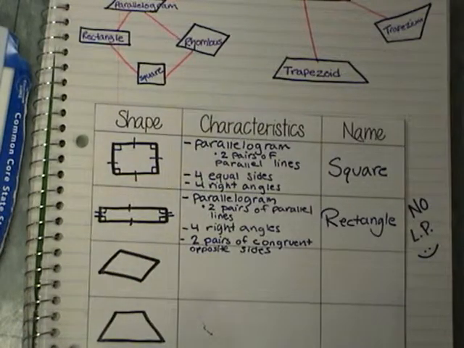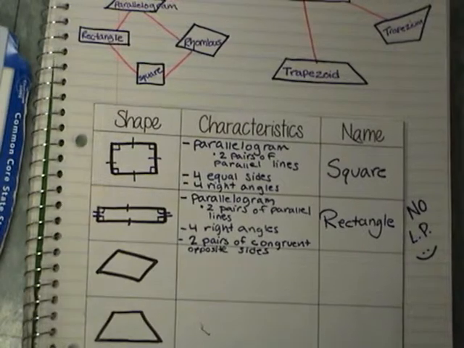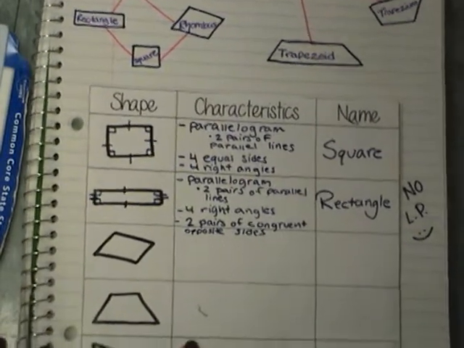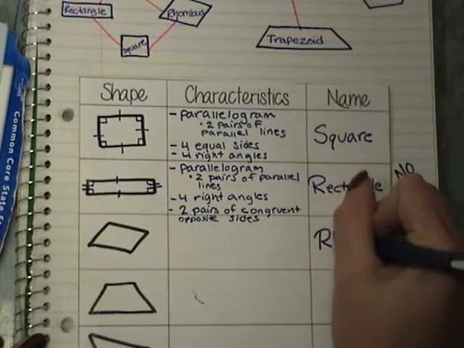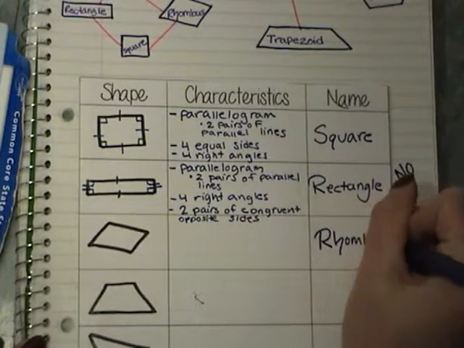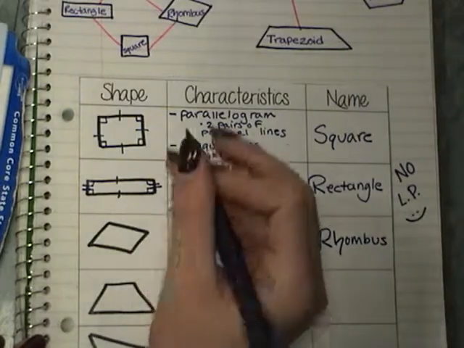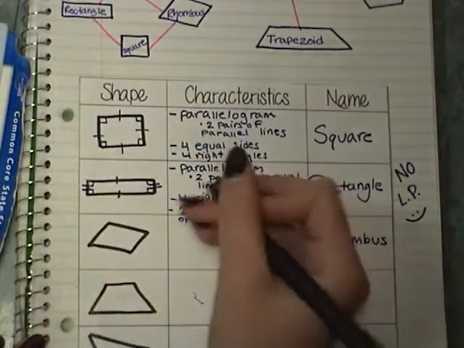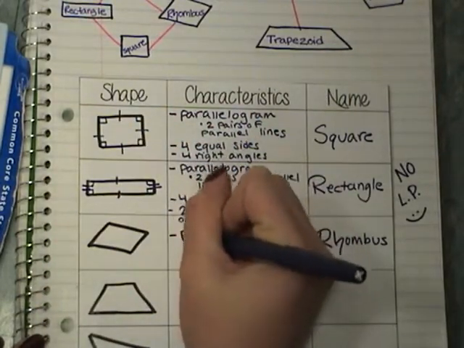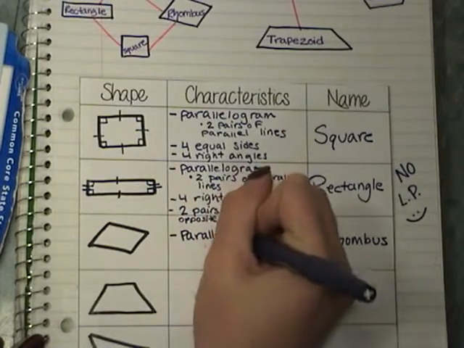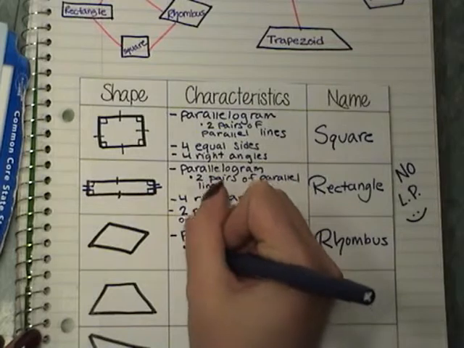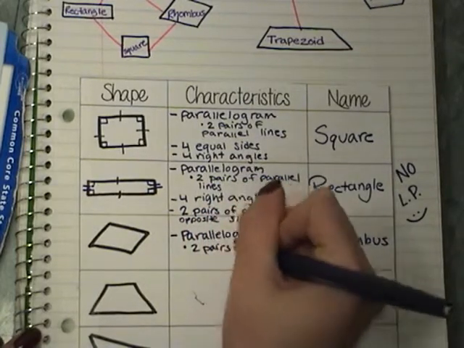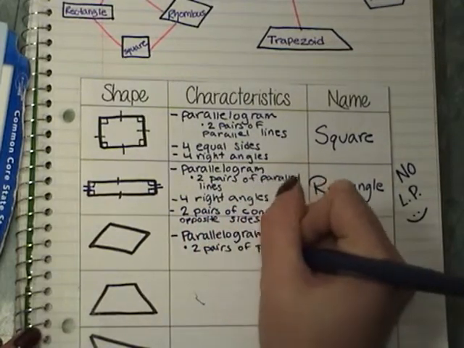Alright, the next one. This is going to be a rhombus. So we're going to write rhombus. And with the rhombus, it is a parallelogram. If you look up top, so I'm going to write parallelogram. So again, it has two pairs of parallel lines.